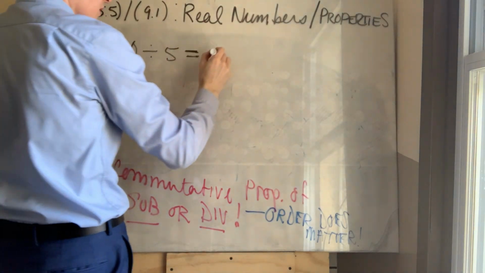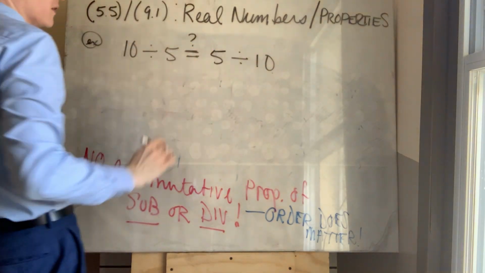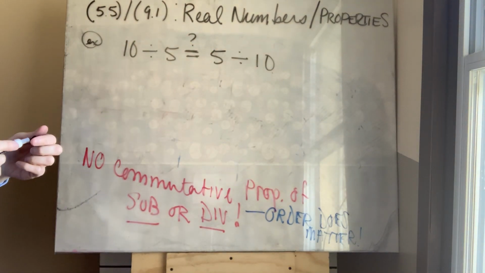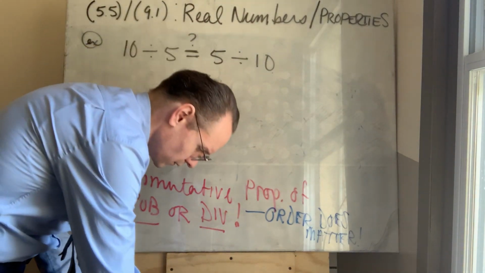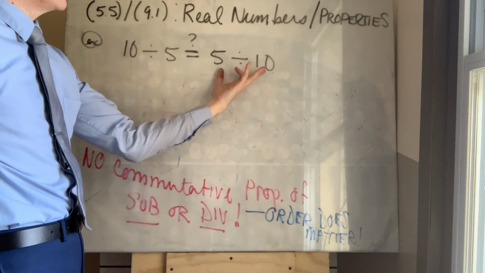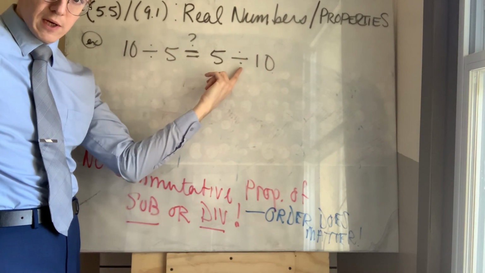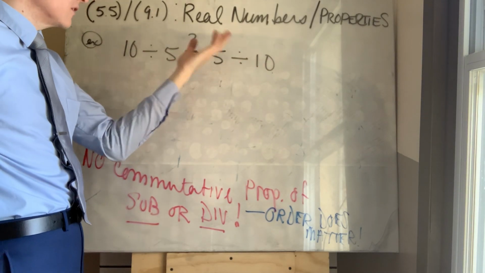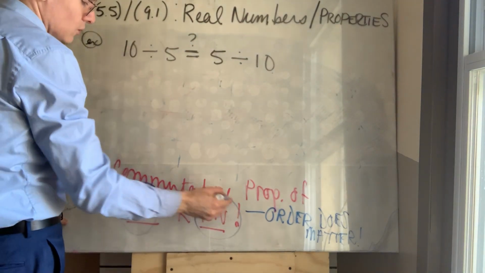I'm just going to take these two things and switch them around. Are they actually going to produce the same quotient? No, they won't, because the order in which the operation is performed does indeed matter for subtraction and also for division.